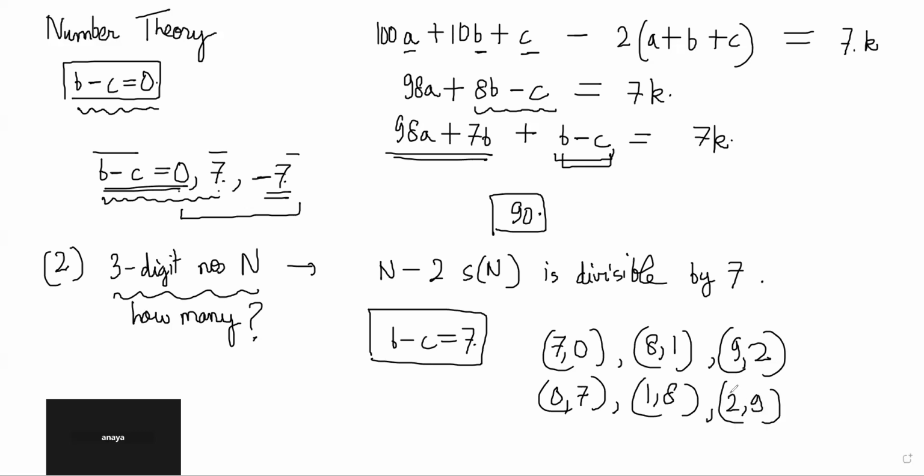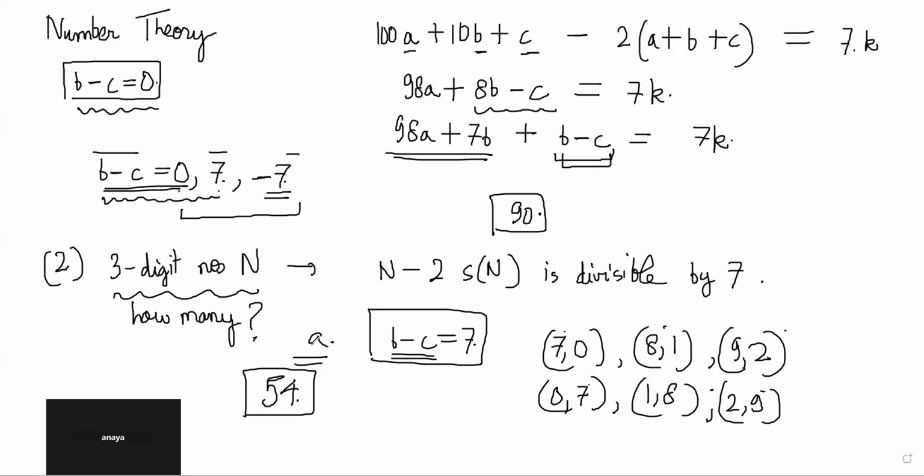So there are six different possibilities where you fix b and c. And for each of these pairs, you'll get 9 choices for a, right? So you'll do 6 times 9, so 54 more.